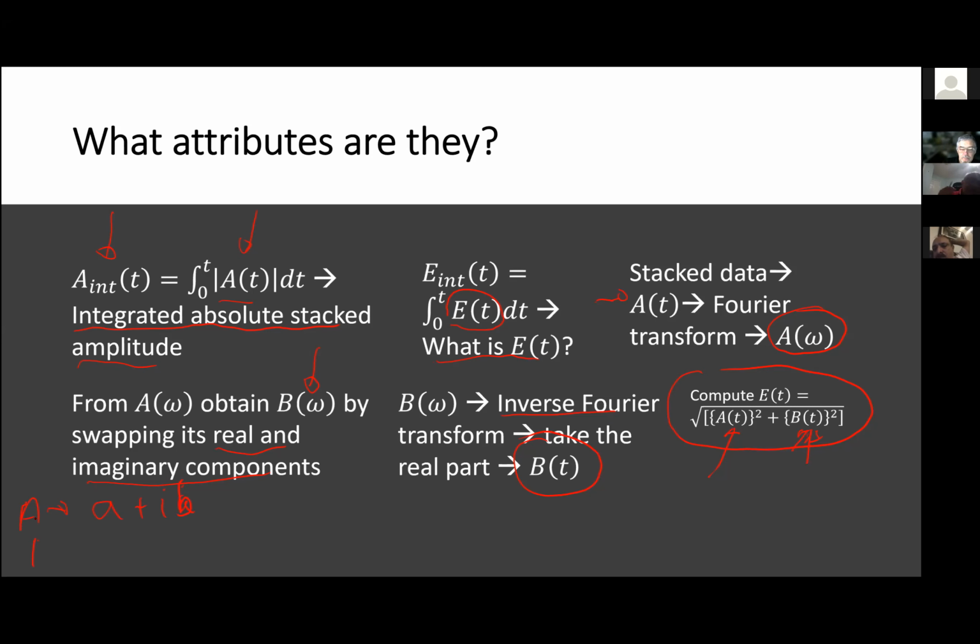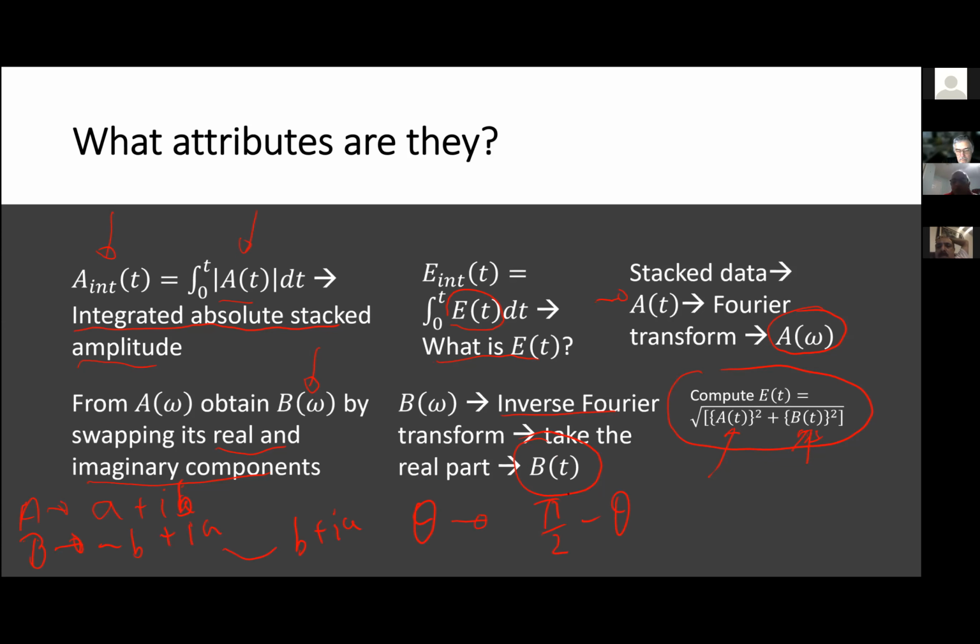The Hilbert transform is pi by 2 phase shifted from the original, so it would be minus B plus iA. But we don't do that. We just use B plus iA. So that means in B of omega, if theta is the phase of the original stack data, the phase of B is pi by 2 minus theta.